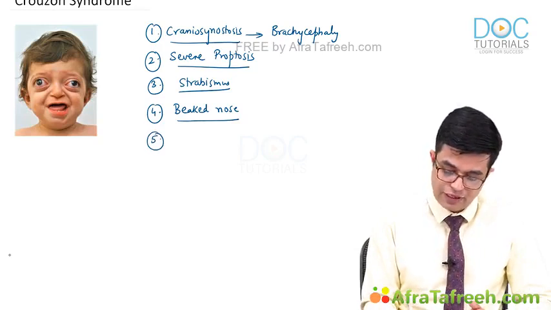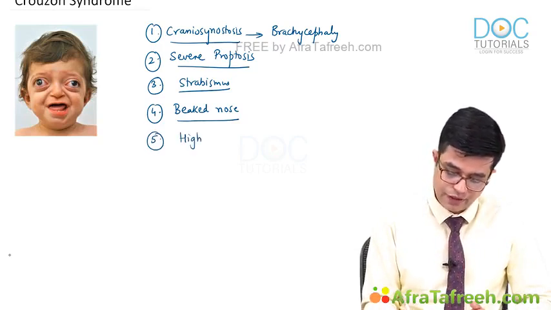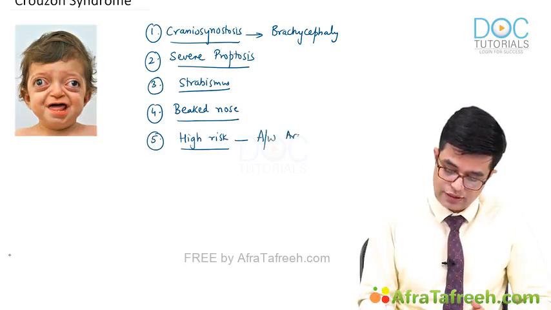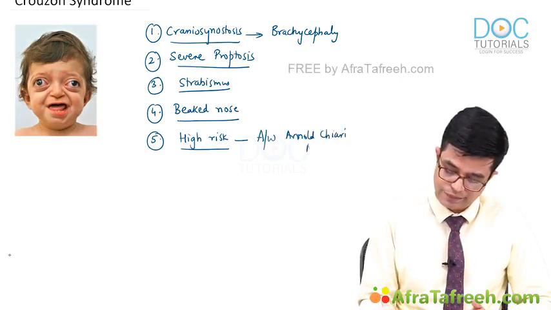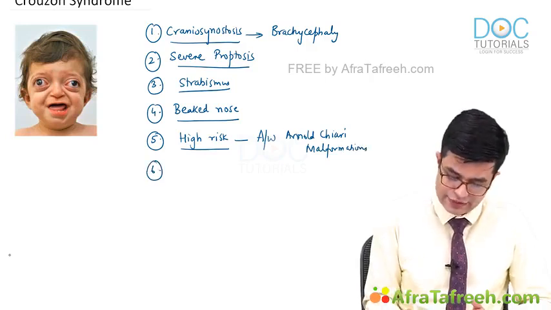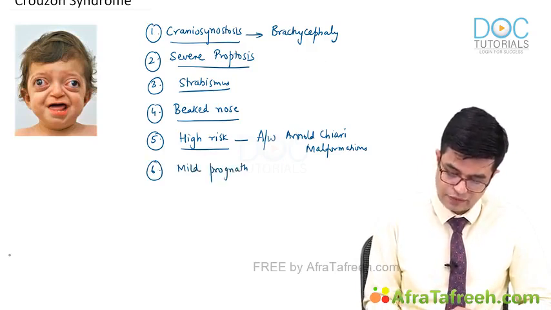Fifth, they will have a high risk of Arnold-Chiari malformations. They may be associated with Chiari malformations. And finally, they may have some degree of mild prognathism.